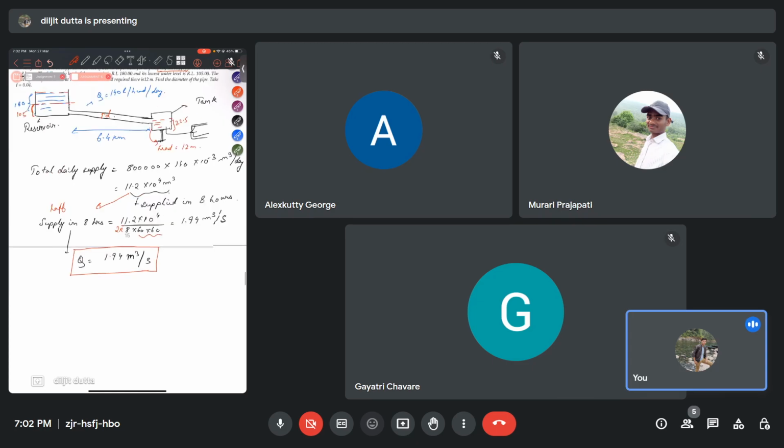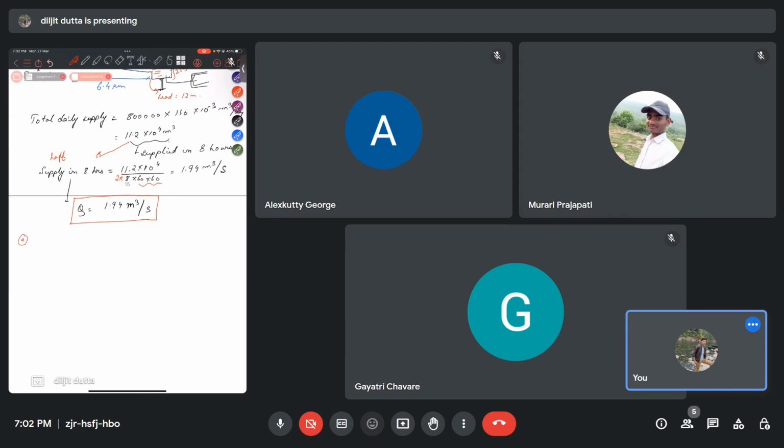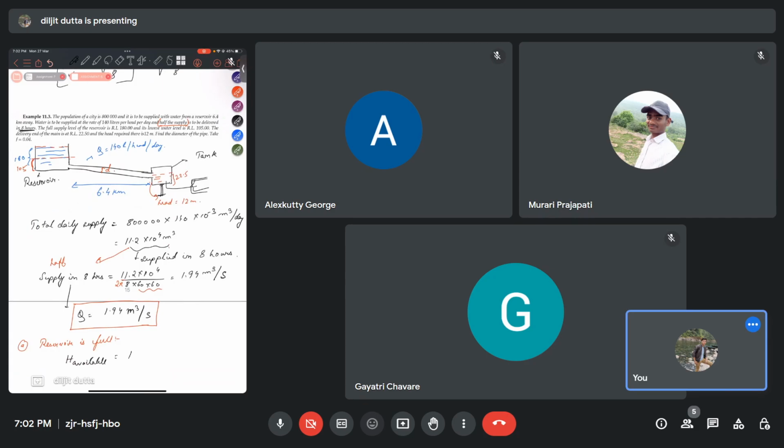Okay, now there are two conditions. Case A, when the reservoir is full. When the reservoir is full, what is the head available? The available head will be how much? Total head is 180 minus the head required at the outlet, 22.5 minus 12.